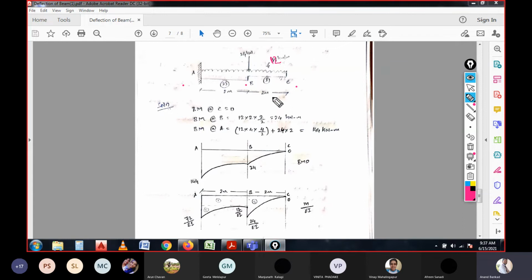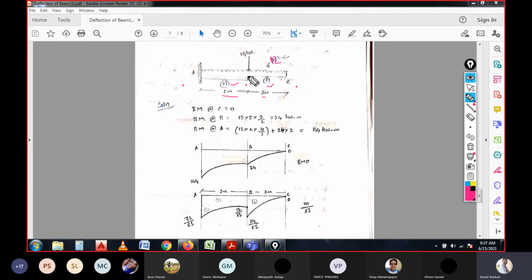Now it is a 2 meter distance and another 2 meter distance. This 2 meter span has I value 2I, and this 2 meter span has I value I. That means for M by EI, the I value is 2I here, and here the I value is 1. The bending moment at C is 0 because it is a cantilever beam.